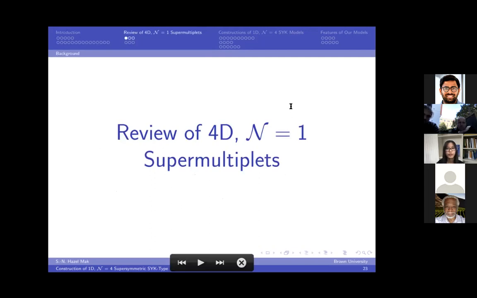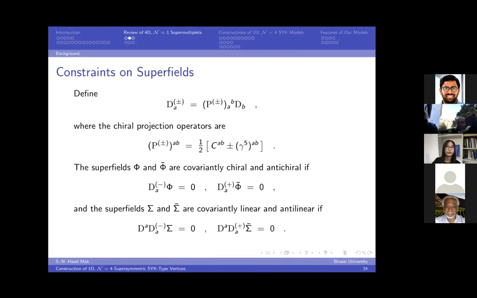So let me review 4D n equals 1 supermultiplets. Before that, let me introduce this chiral projection operator. We are using the Majorana basis, so these spinor indices go from 1 to 4.